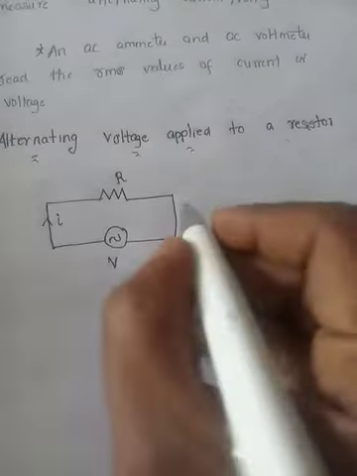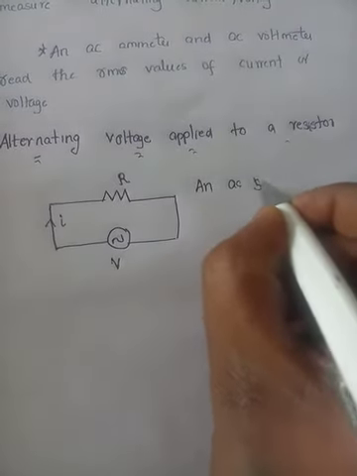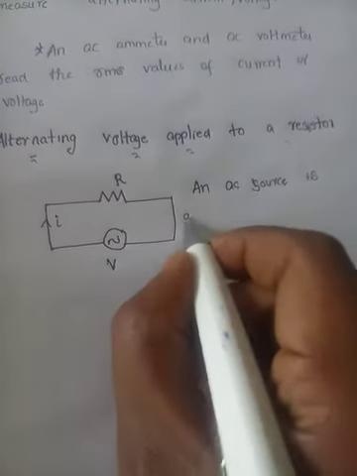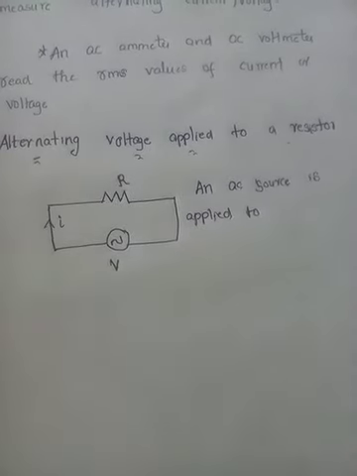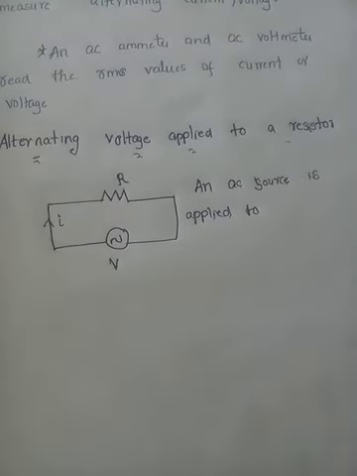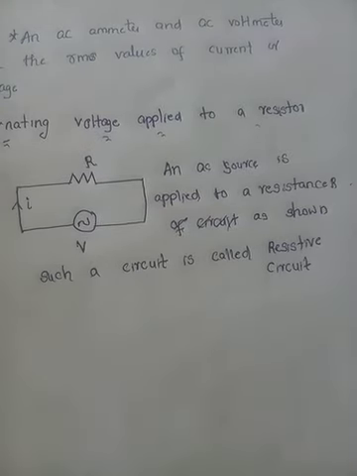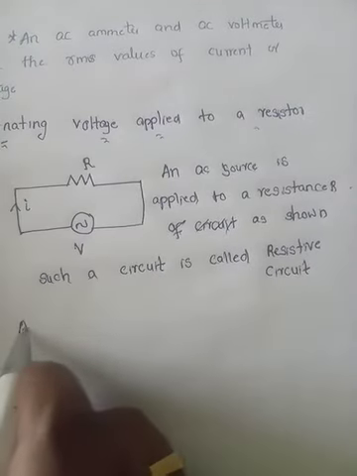So, an AC source is applied to a resistance R as shown in the figure. Such a circuit is called a resistive circuit.